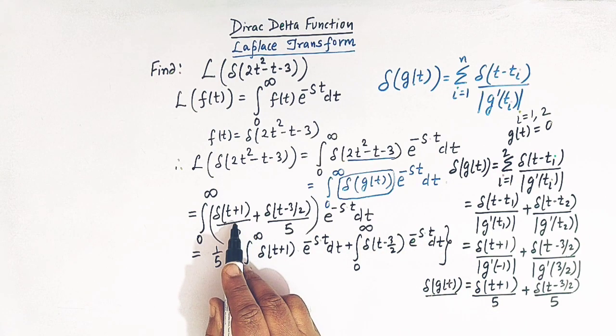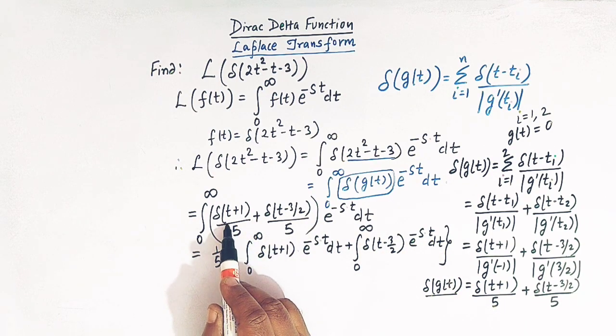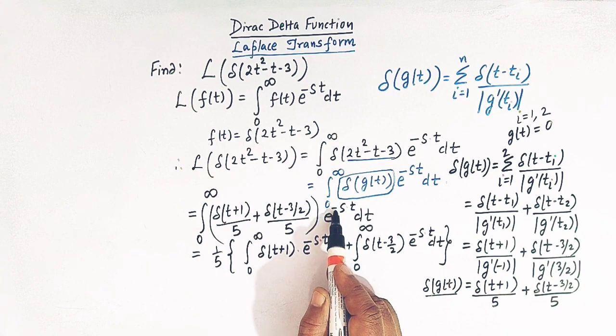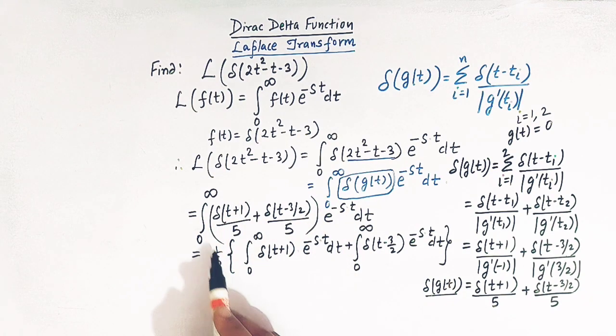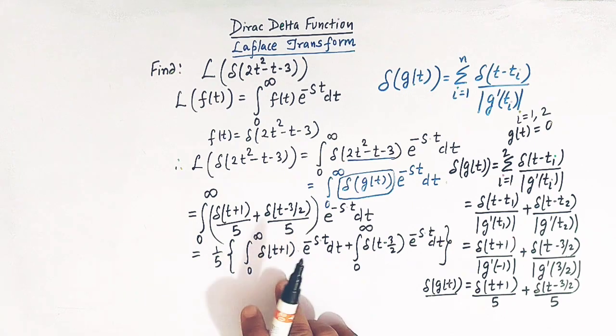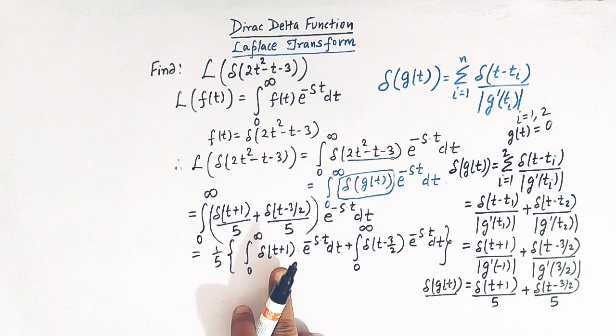So what we have done here is multiply these two terms by e raised to minus s t and take 1 over 5 outside the integral, and now we have the sum of two integrals involving the Dirac delta function.